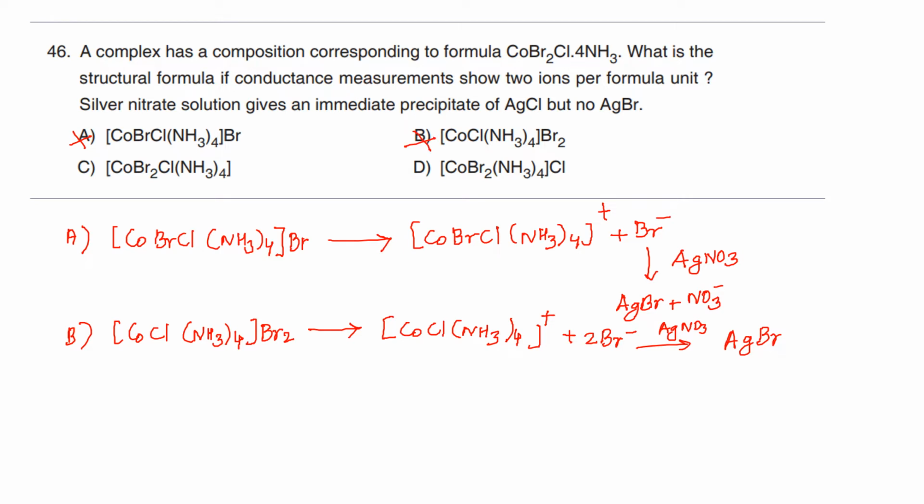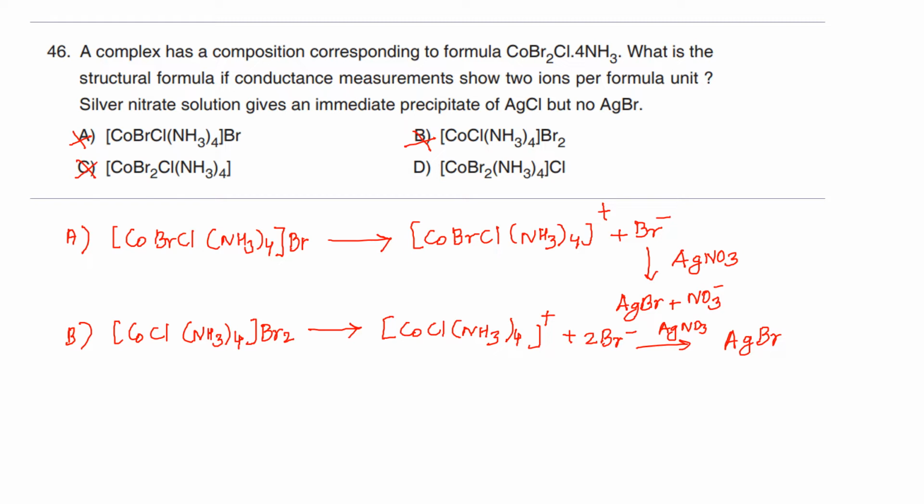Now coming to option C. Option C doesn't have any ions to ionize. It doesn't have any halogen outside the coordination sphere. So it consists of only a neutral complex, and moreover it cannot give AgCl nor AgBr. Therefore, we can rule out option C as well.